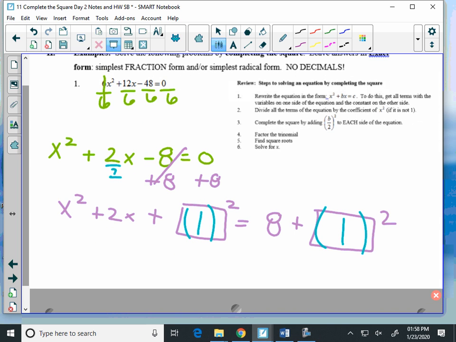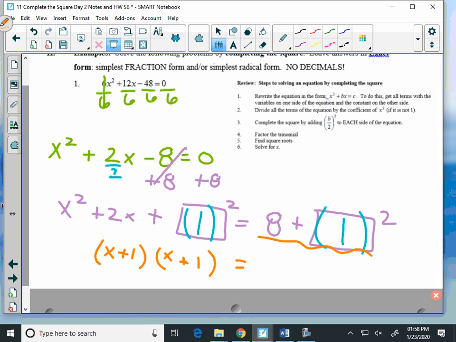And then we're going to factor. How are we going to fill in our parentheses? Yeah, 2x is here, 2 1's in the back. So we rewrite it as x plus 1 times x plus 1.